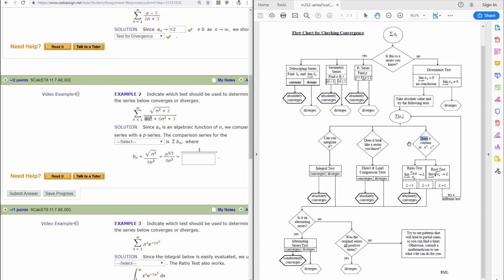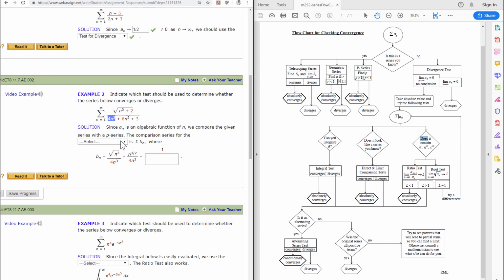You can, I suppose, but when you have something that's a polynomial over a polynomial, or close to a polynomial, then I would do a comparison test. What I would do is take the highest power in the numerator, which is n to the 3/2, and the highest power in the denominator, which is just n to the third power. So we will use a comparison test, and I think the limit comparison test will be easier.